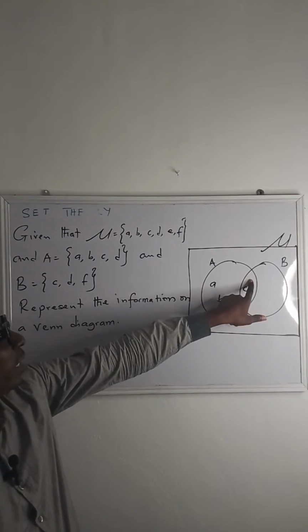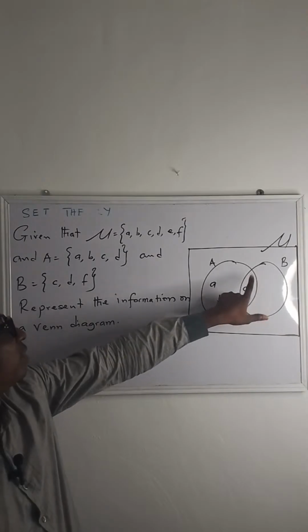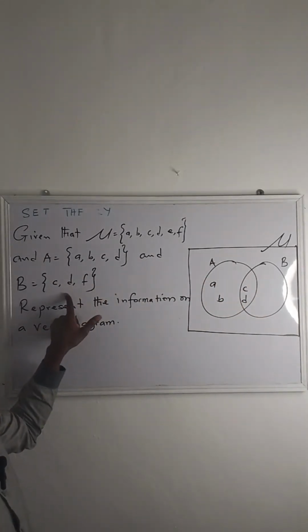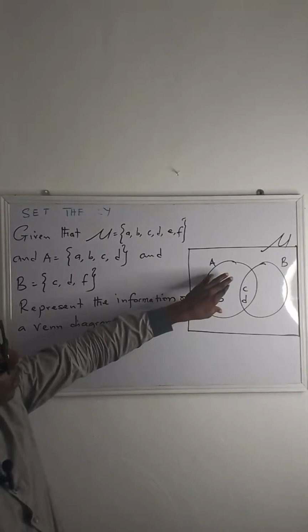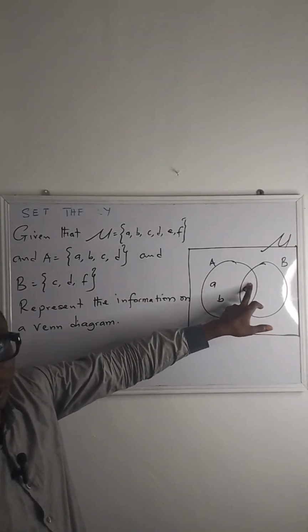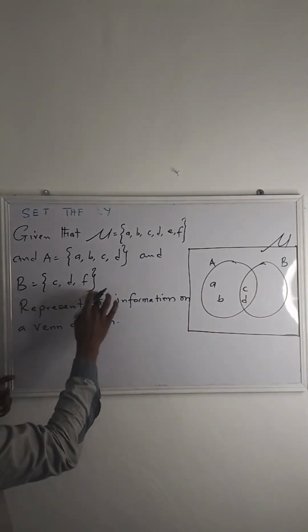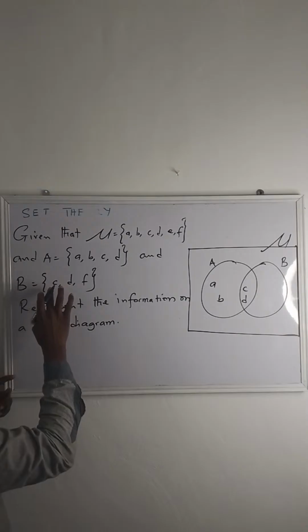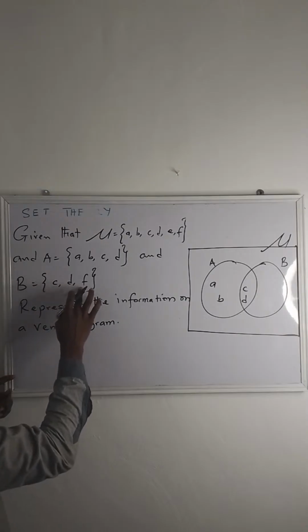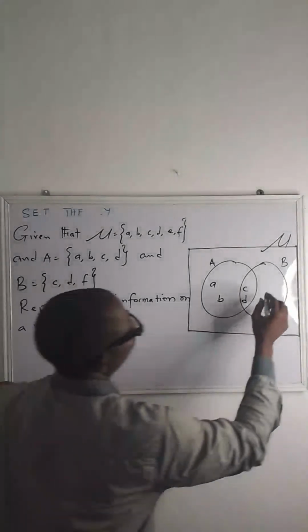Because if I put A and B there, that means when you check set B, you are going to see A and B there, which is not true. So I have to put it here. Now let's look at set B. The elements there are C, D, and F. You have written C and D, so what remains is F. So put your F there.